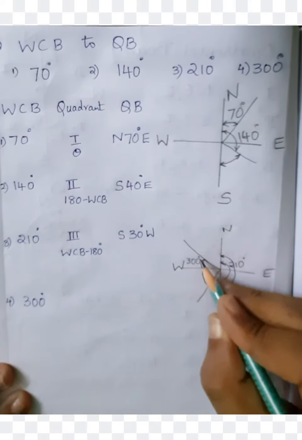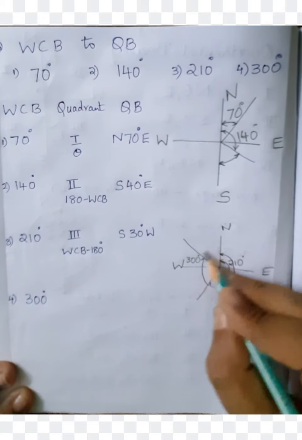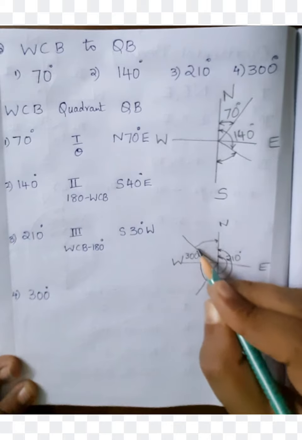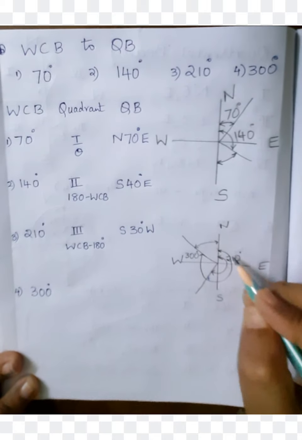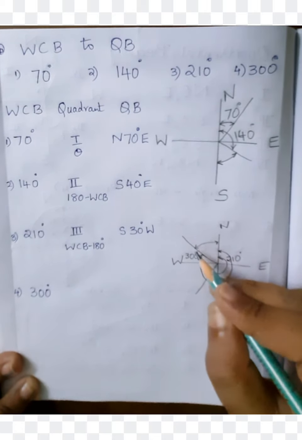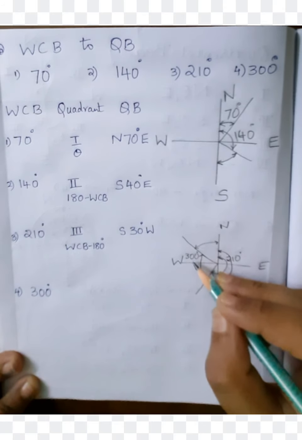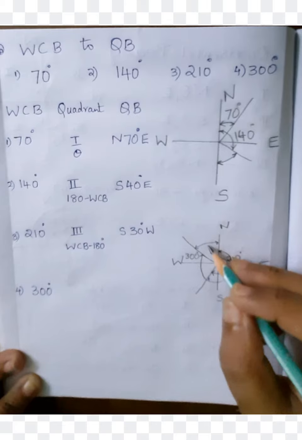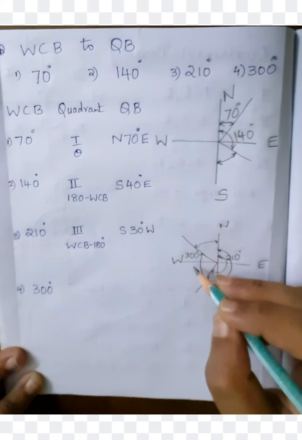This is the angle in the quadrantal bearing. How do I get this angle? It is very simple. The entire angle is 360, so if I subtract the whole circle bearing angle from 360 degrees, this angle becomes 360 minus WCB.